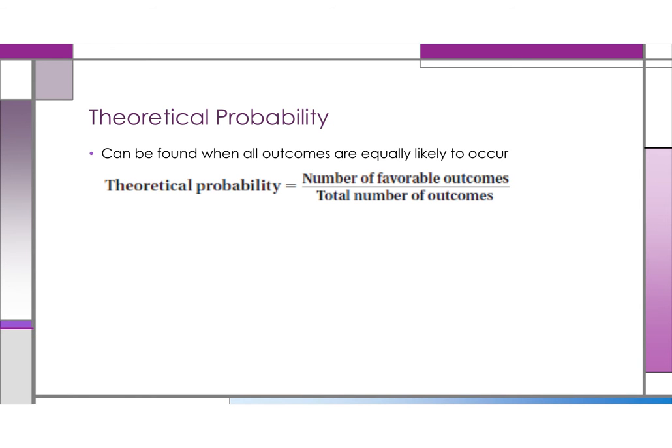Theoretical probability can be found when all outcomes are equally likely to occur, and your theoretical probability is the number of favorable outcomes, what you're looking to happen, divided by the total number of outcomes, right? This is very similar to the score that you get on a test, right? What would you like to happen on a test?